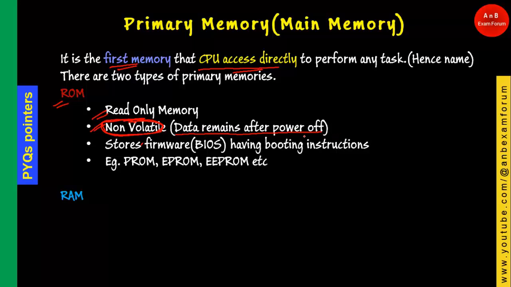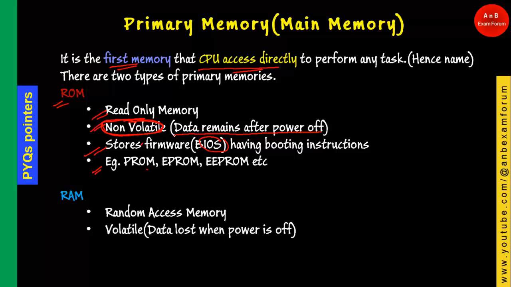That's why read-only memory is used to store the firmware, basically the BIOS, which has booting instructions in it. And these are the classes of ROM: PROM, EPROM, EEPROM. In the exam he can ask you volatile or non-volatile related questions from this particular chapter.